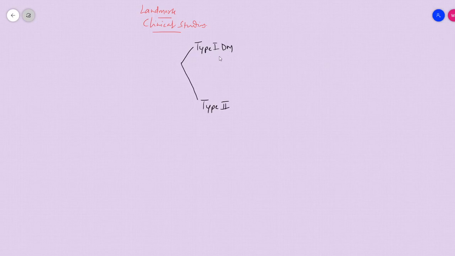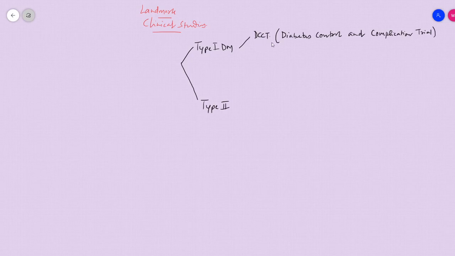The most important landmark study for type 1 diabetes, in fact there are two. The most important one being the DCCT trial. What is this DCCT? It is the Diabetes Control and Complications Trial.